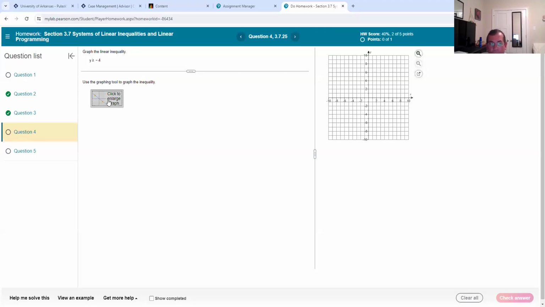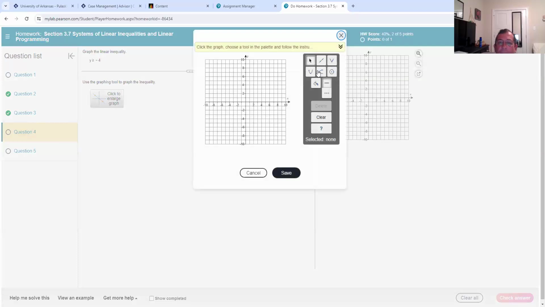So I'm going to click to enlarge my graph. I'm going to grab my line tool, and the straight line is already highlighted by default. So y'all, what I do, find negative 4 on your y-axis. So that's going to go down, and then there's negative 4 right there. So I'm going to hit enter.